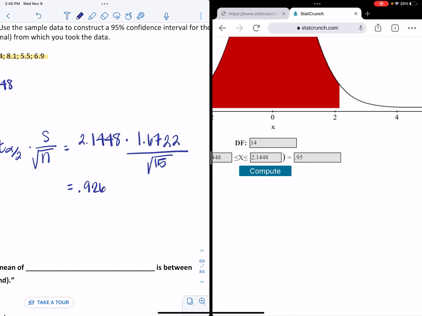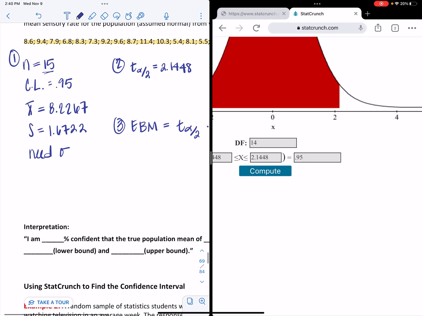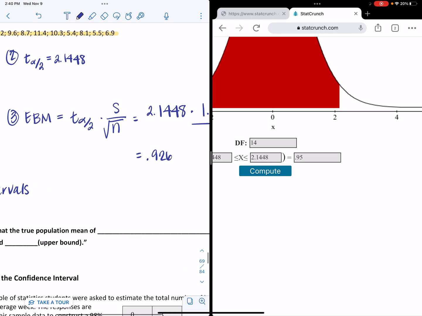So here's what that means. When I go set up my confidence intervals, I want my upper bound and my lower bound. My lower bound is still x bar minus the EBM.